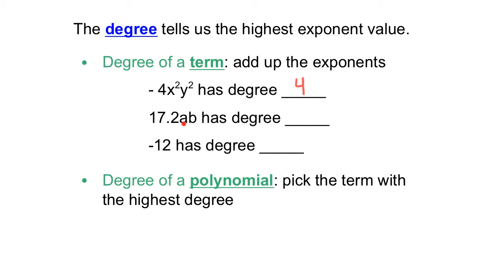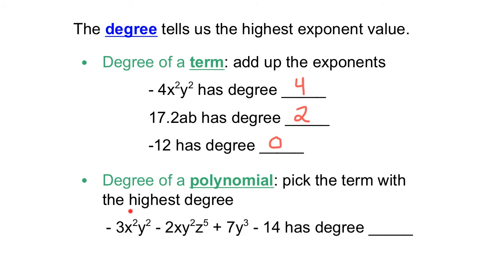No. Remember, if you look at the variable and you don't see an exponent, that means the exponent is 1. So there's an exponent of 1 on this variable and an exponent of 1 on this variable. So total, we have a degree of 2. This last term has no variable, which means there is no exponent on the variable. That means we have a degree of 0 for this one.